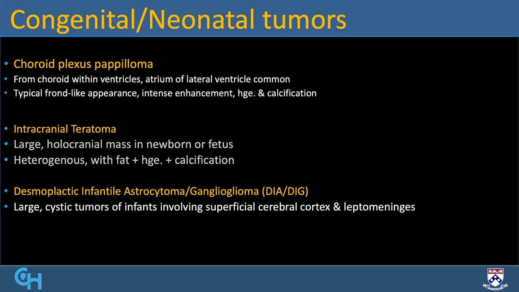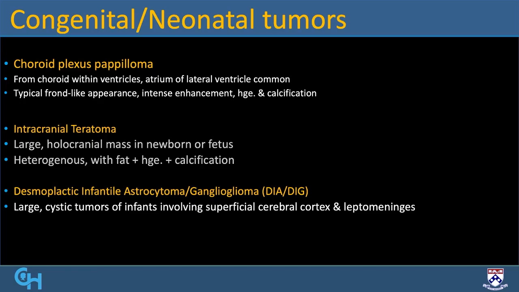A characteristic entity, which is known by the name of desmoplastic infantile astrocytoma or desmoplastic infantile ganglioglioma, is a tumor typically seen in infants, and this is characterized by very large cystic components with some solid components as well.